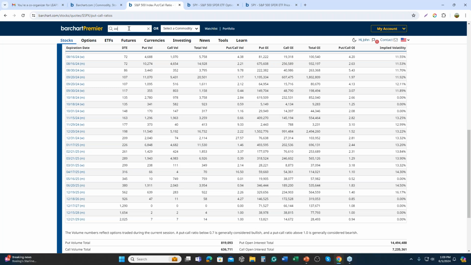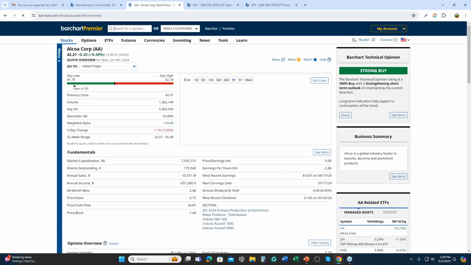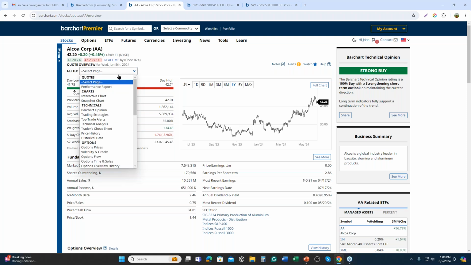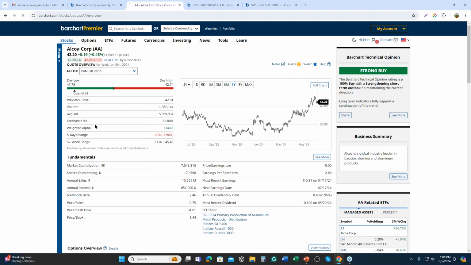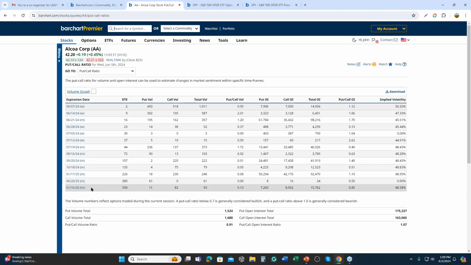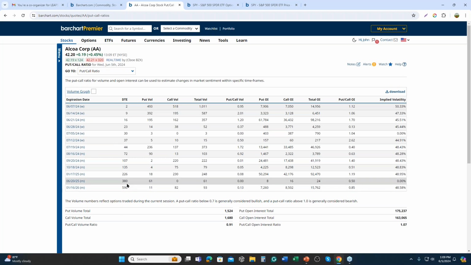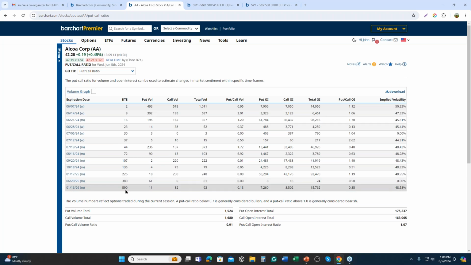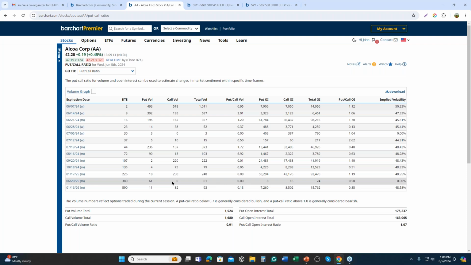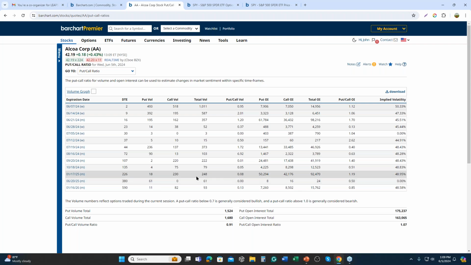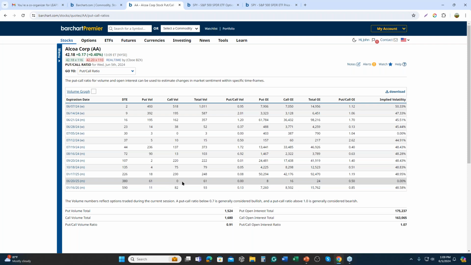If I go to a common stock like Alcoa, and I just pick Alcoa because it's AA, but it is a commonly traded stock, there are one or two LEAP options that I can trade, 380 days, 590 days. But notice that the one that is only 1 year out in the future right now does not have a lot of open interest or daily volume.